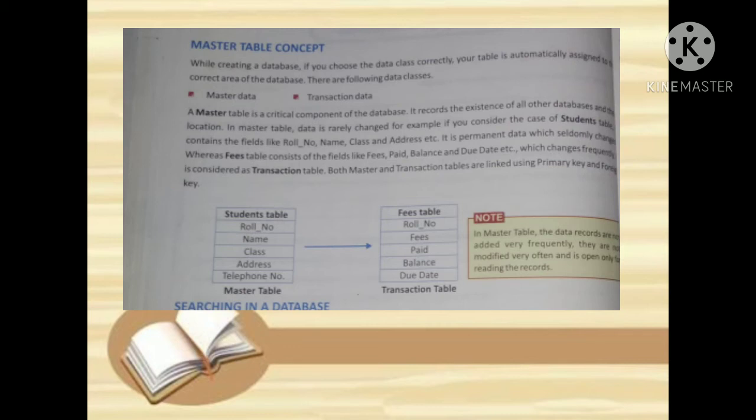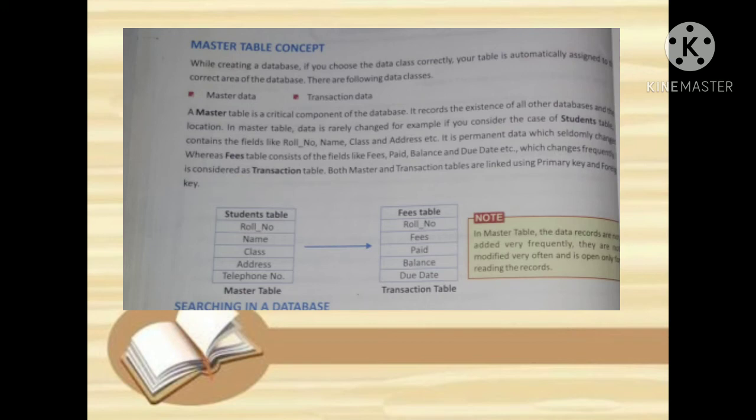Master table is a critical component of a database where the records exist for all other databases and locations. In master table, data is rarely changed. For example, consider the same student details table where the name, roll numbers will not be changed frequently, right? But in your transaction table, like the student results table, where the marks can be changed, right?